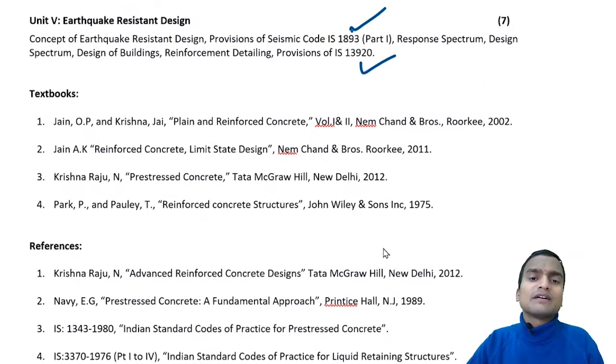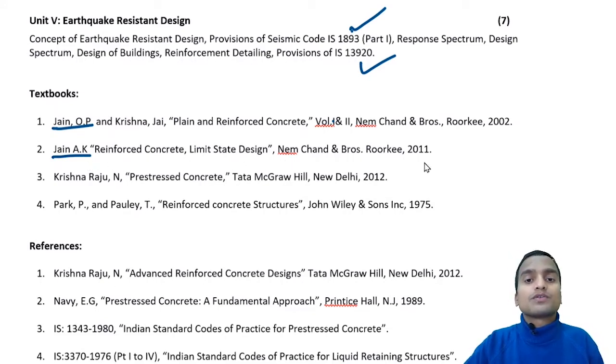So I hope this is sufficient, and then you can refer to the book. These are very favorite books of mine, and the teacher who wrote these books was from IIT Roorkee, OP Jain. There is an auditorium there also, the OP Jain auditorium. So this book is also there, you can refer to it if you like, but I have already shared a book for unit 1, and AK Jain has also written this book.